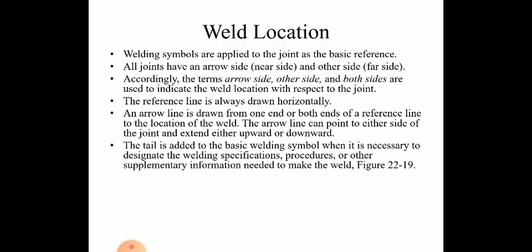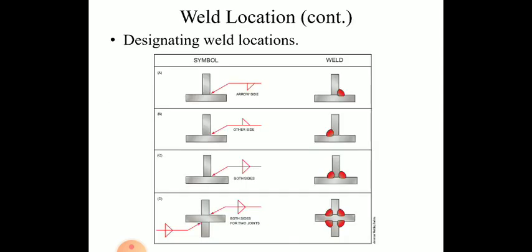So these are the things you can see: the welding location, the welding symbol which is provided, and the welder. Suppose you are a specialized welder and you got the WPS with the symbols provided in that particular WPS, and you need to perform the weld. So you can see the welding symbol and how this symbol is effective to perform the welding.